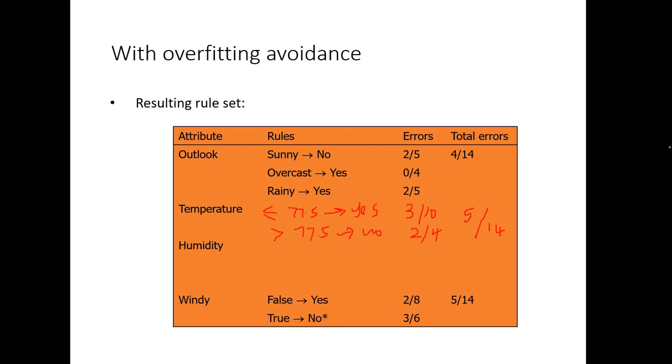Now the next part is for you. Do it for the humidity and find the total error. So I have to give you this data set. I will be going back to the data set.